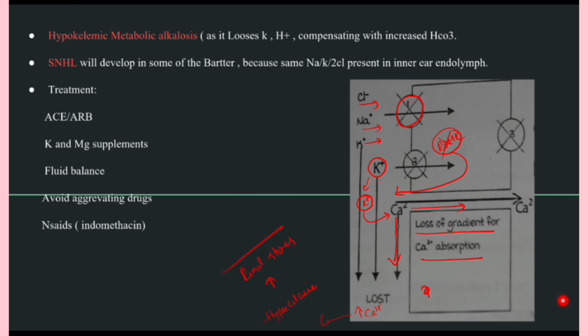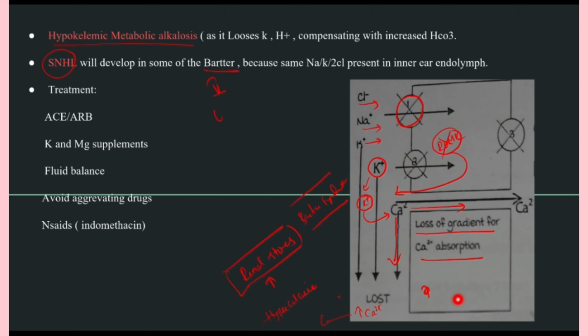So it leads to renal stones. The tubular disease which is associated with renal stones is Bartter's syndrome. So this is the mechanism, and we can see hypokalemic metabolic alkalosis, which we discussed already. There is one more entity, SNHL, sensorineural hearing loss, which will develop in some of the Bartters. Bartter syndrome has 5 types.